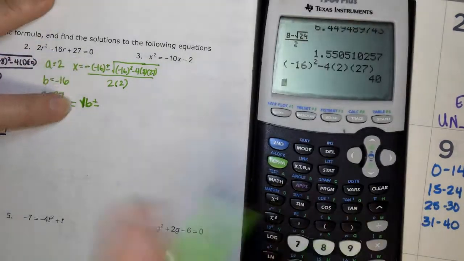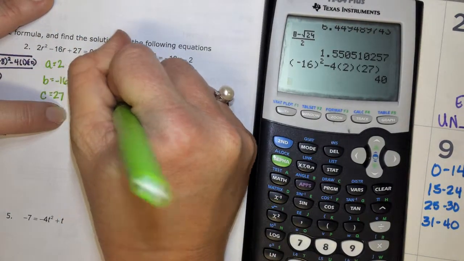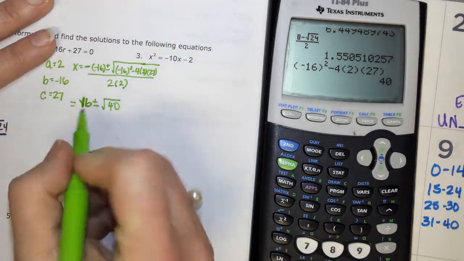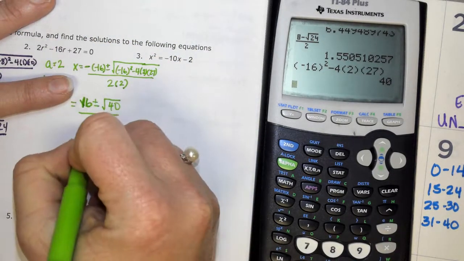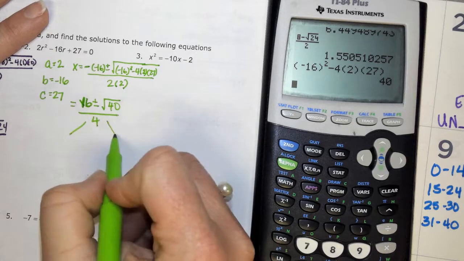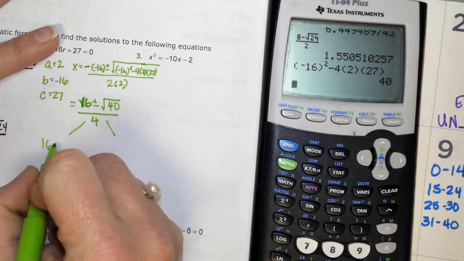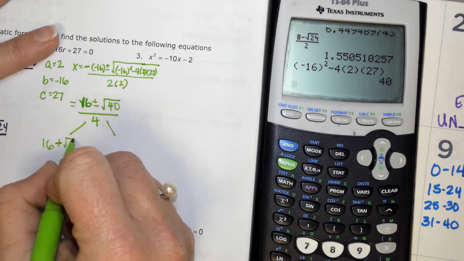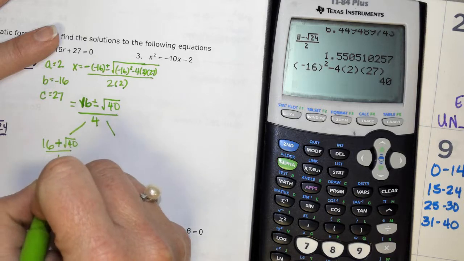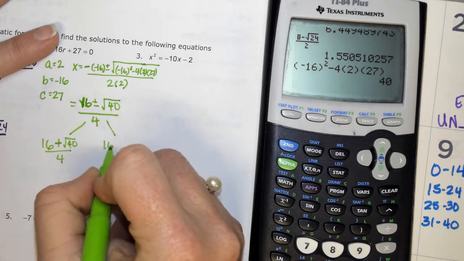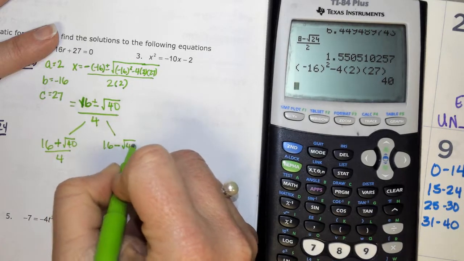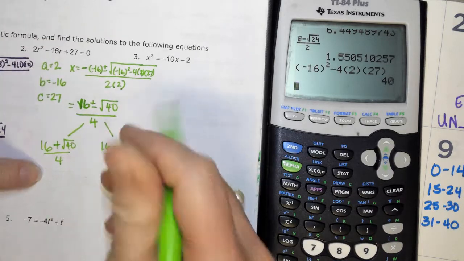So that gives me 40. So that's going to be 16 plus or minus the square root of 40, all divided by 2 times 2 gives me 4. So now I'm going to break these up. So one is going to be 16 plus the square root of 40 divided by 4. And the other one's going to be 16 minus the square root of 40 divided by 4.